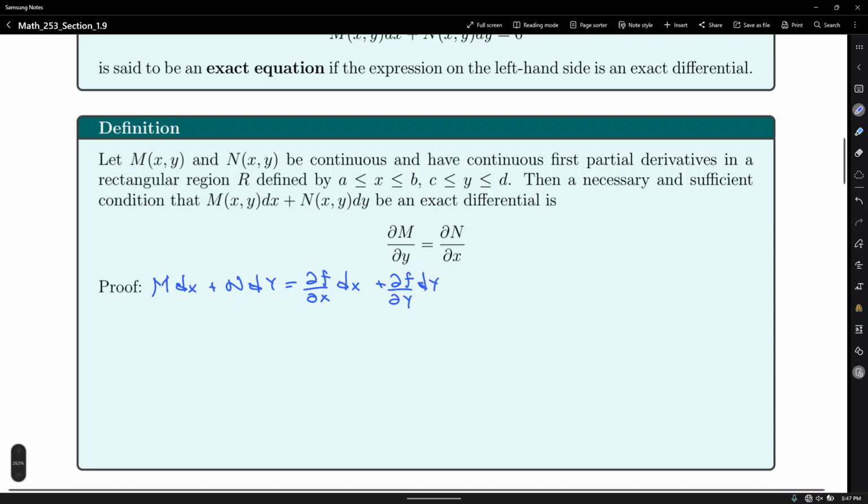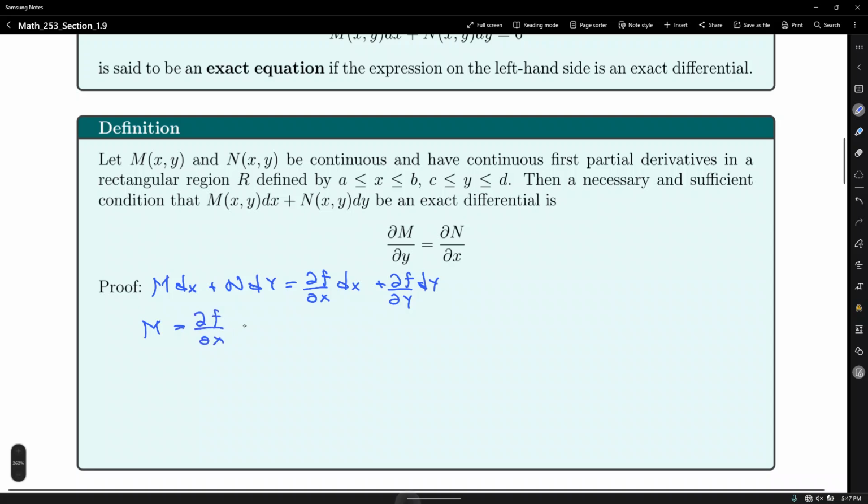That's considering that the expression M dx plus N dy is a total differential, because we're trying to connect that. From here it follows that I'm going to equate coefficients. The coefficients of dx: M equals the partial of f with respect to x.